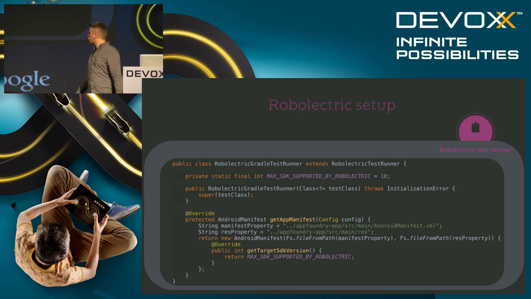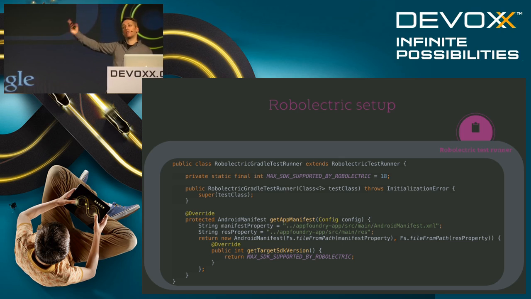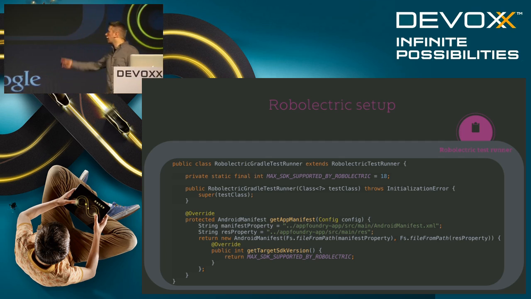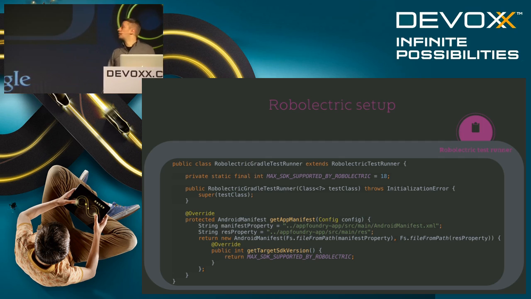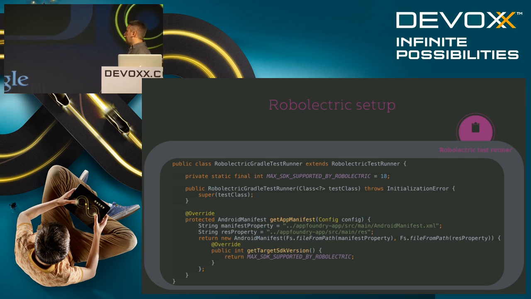So I can show the RoboelectricGradleTestRunner, which is running in my Roboelectric module. I can tell it where it will find the Android manifest and the resources from the real Android application it's testing. So quite useful, and again, not very difficult to do the whole setup. And another thing you need to know about Roboelectric: until now, it only supports up to Android SDK level 18.